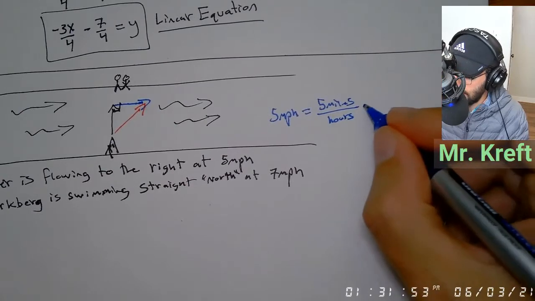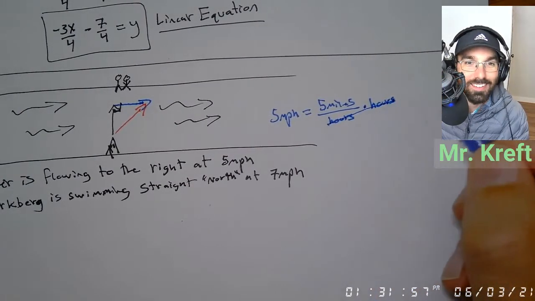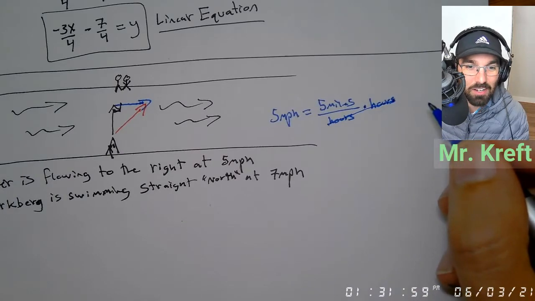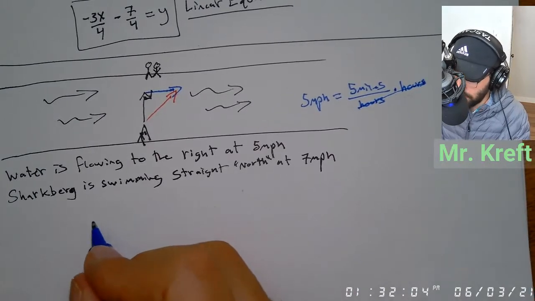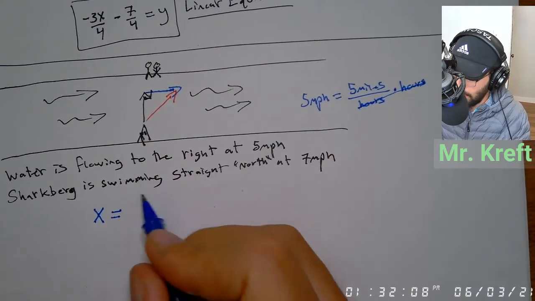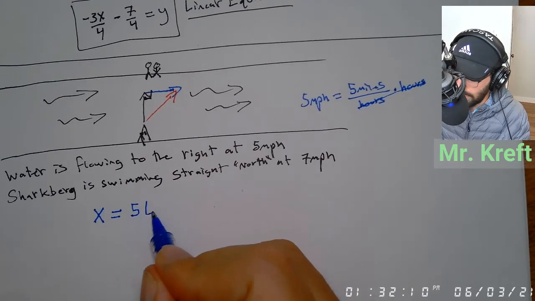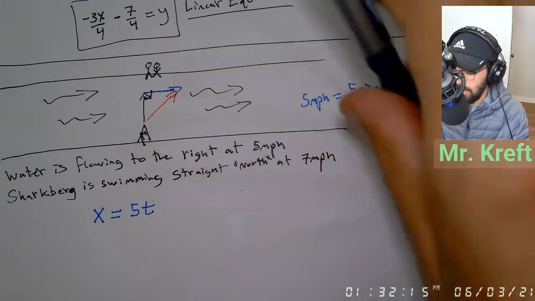So if you multiply that by hours, what happens? You get a distance, right? You guys see how that works, how the units cancel out? So when I go to write my parametric equation, in the x direction, I'm going 5 miles per hour, where t is in hours, right?